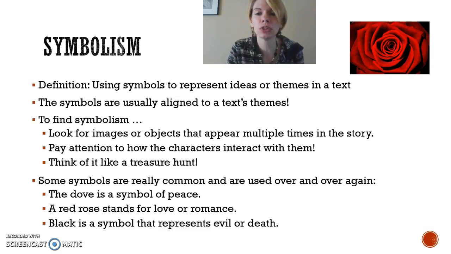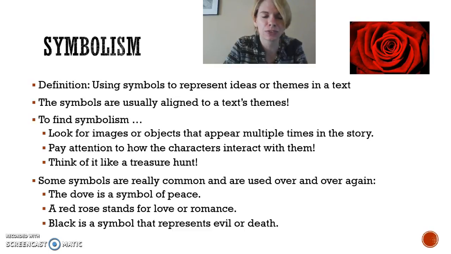So some symbols are really common and are used over and over again. This is helpful if you're new to symbols and you have no idea, like with an old shoe, the meaning might not be totally obvious right away, but most of us know that doves are a symbol of peace. So if a dove flies away in the middle of a scene after the characters forgive each other, obviously that's symbolizing peace.